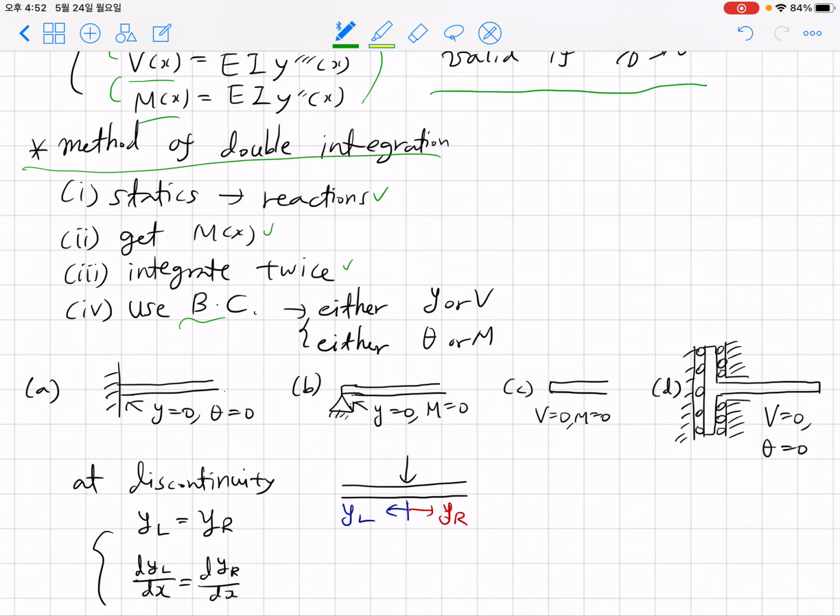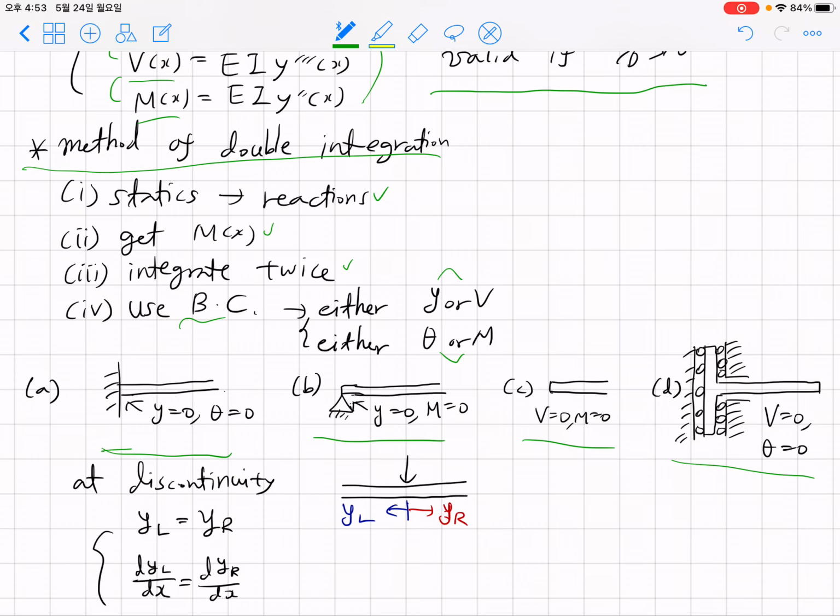What are the available boundary conditions? We have 4 different boundary conditions, and please note that we can have information on either y or theta or M. We can have a cantilever beam boundary, a simply supported boundary, a free boundary, and I don't know how to name the last one, but we have 4 different boundary conditions.